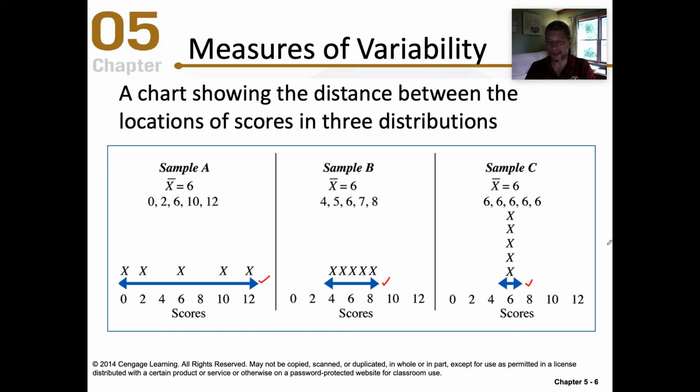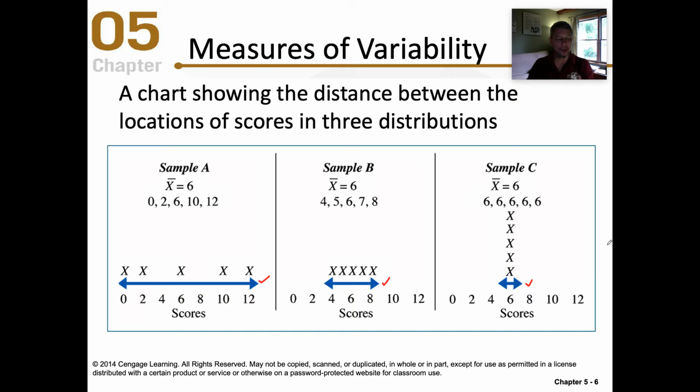And in data set C, the range is just covering 1. Okay, and so obviously sample A is much more spread out, much wider, and sample C is far more clustered than the others.